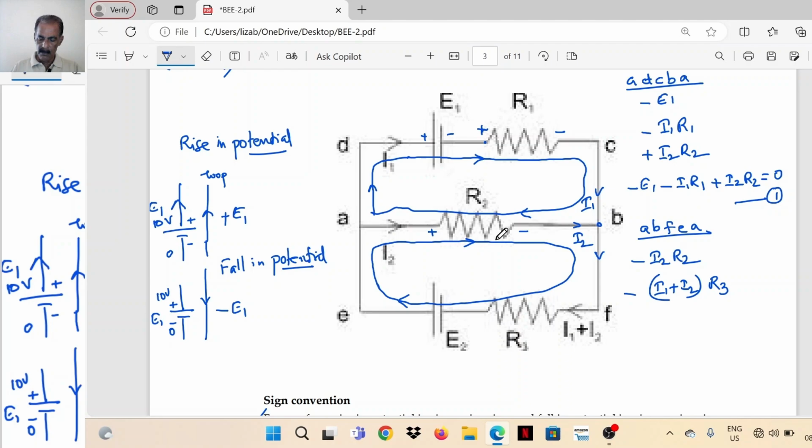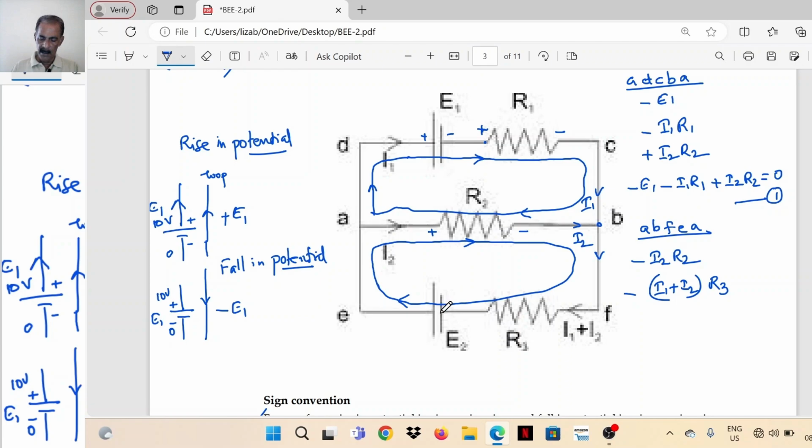So for I2 R2, I2 and the loop both are in the same direction, so negative sign. Here, for (I1 plus I2) into R3, the current is from F to E, and the loop is also from F to E, same direction, so negative sign.